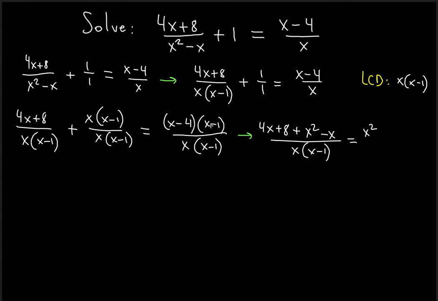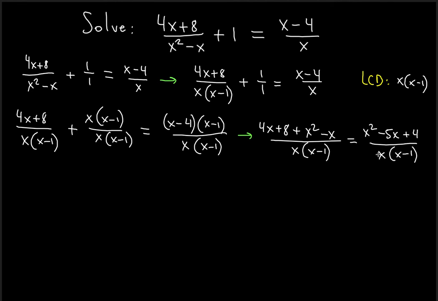First product x squared, then minus x, the outer and the inner, and then minus 4x, so that's the net of minus 5x. And then the last product is 4, plus 4 over x times x. And notice that I didn't distribute this. You know why? Because it's the same denominator.